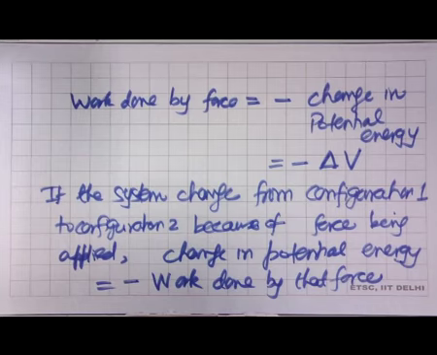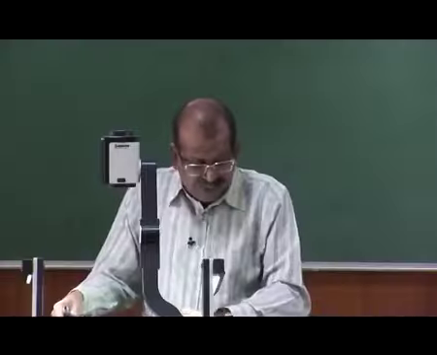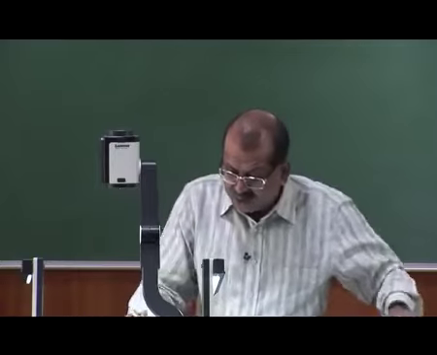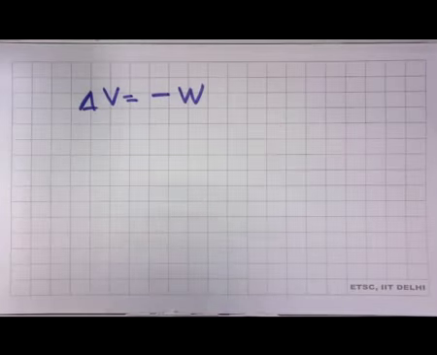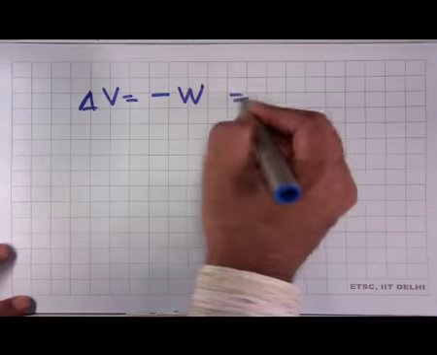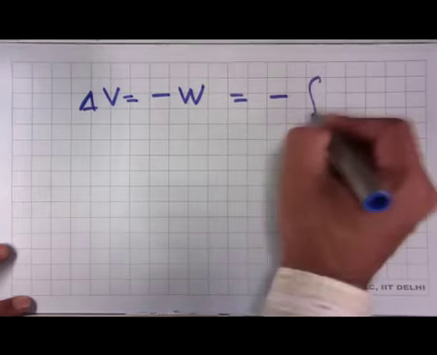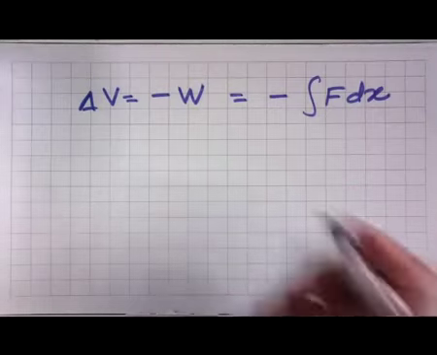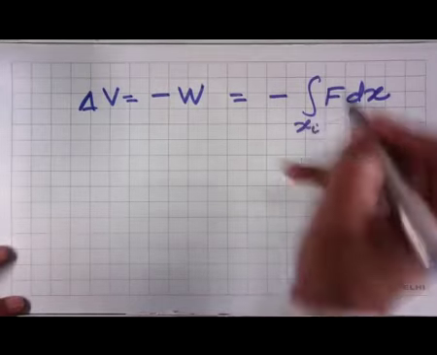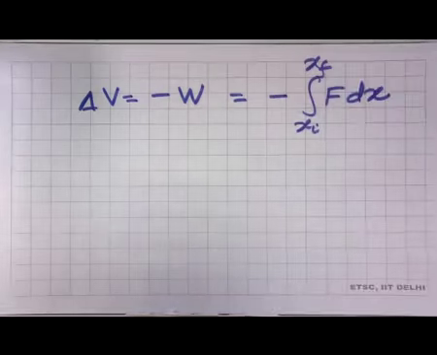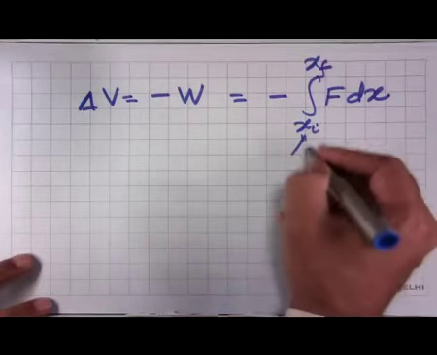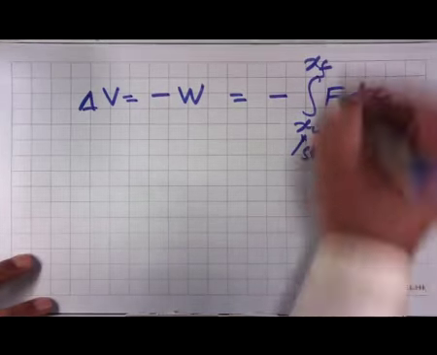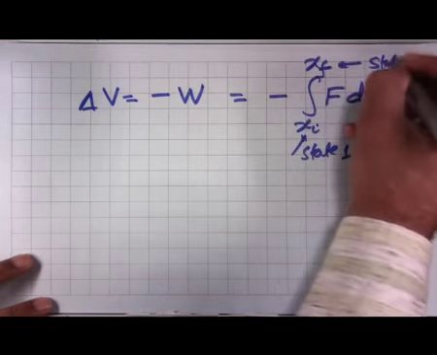So, first let us see the expression for potential energy. The change in potential energy is equal to minus the work done by that force. So, that will become equal to minus the integral of f dx, where f is the force and this integral will go from xi to xf. xi is state 1, xf is state 2.